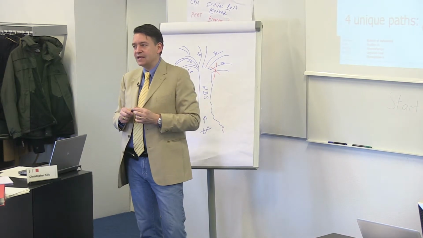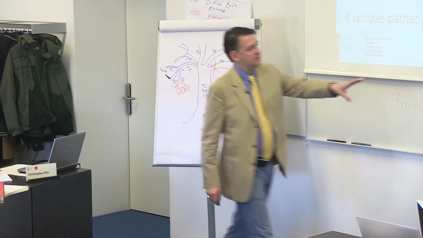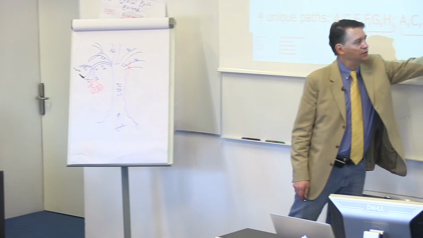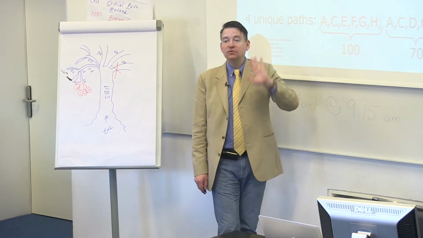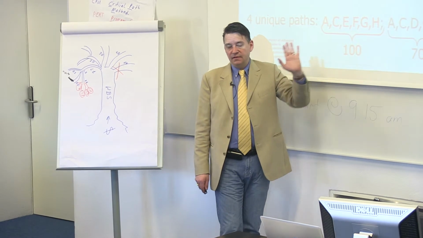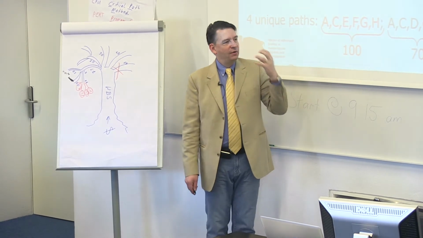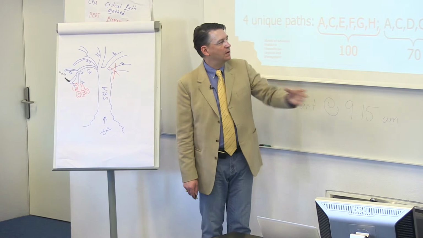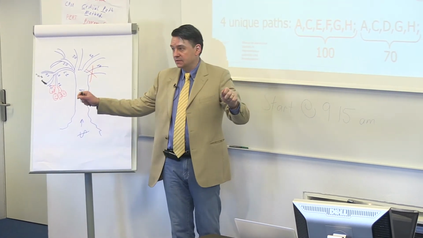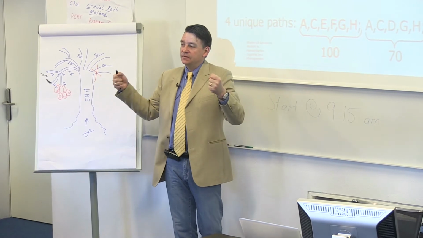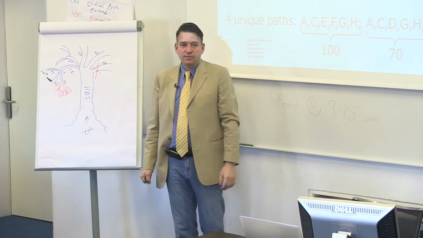So you can't just say, I'm going to pick the shortest, this one here, and all the others I will ignore. You don't have a choice. You have to do all of these paths. And therefore, the most critical one, the important one, is the one shown here, because that's the one that takes the longest. That constrains the earliest you can finish the project.